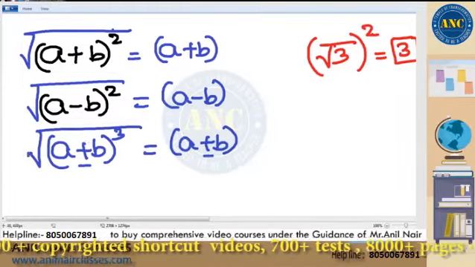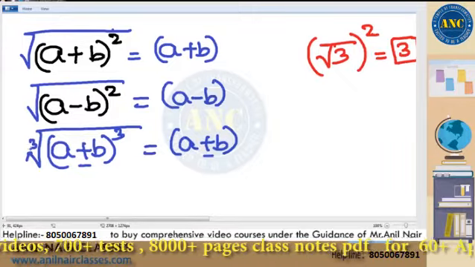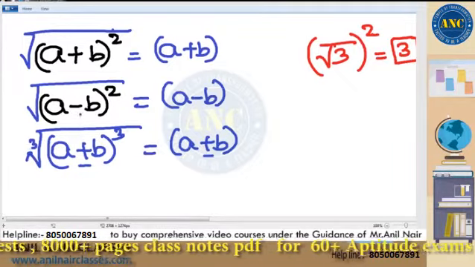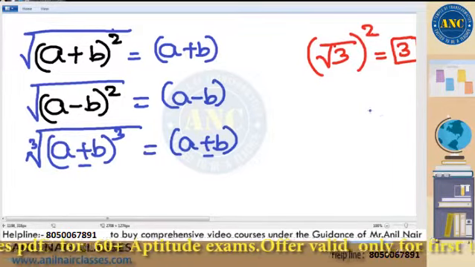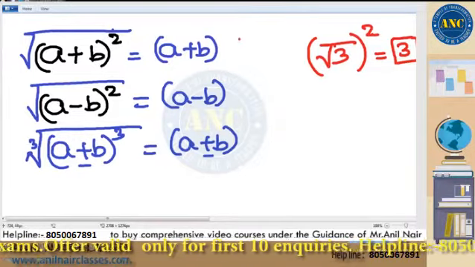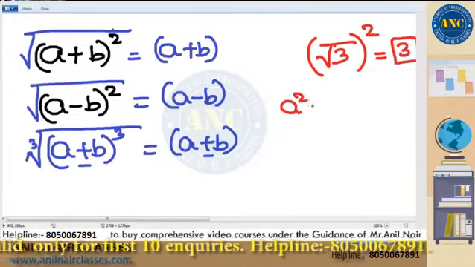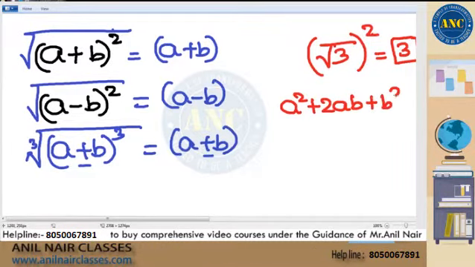That means we will try to eliminate all these square roots or cube roots whenever there is a chance. So we need to know a plus b whole square, which is a square plus 2ab plus b square, and a minus b whole square, which is a square minus 2ab plus b square. Similarly a plus b whole cube, a minus b whole cube, and you might also need a cube plus b cube, a cube minus b cube.